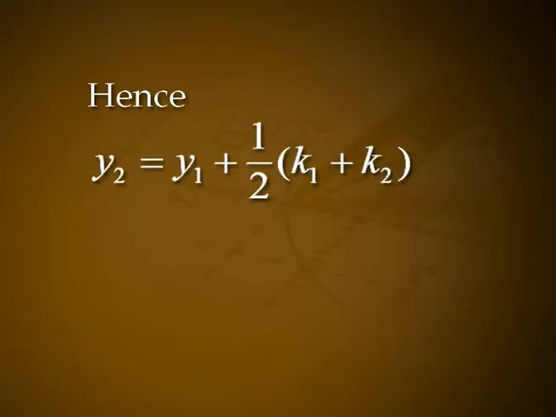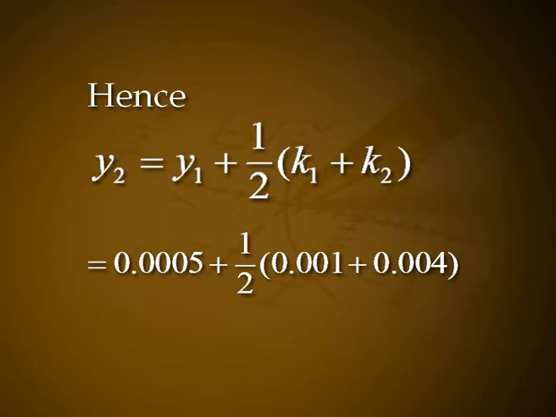Hence, y2 equal to y1 plus 1 by 2 into (k1 plus k2), that is equal to 0.0005 plus 1 by 2 into (0.001 plus 0.004), that is equal to 0.003.